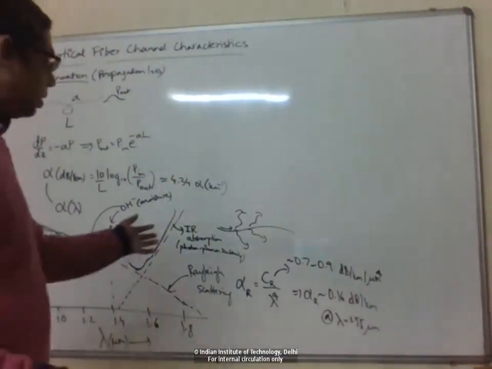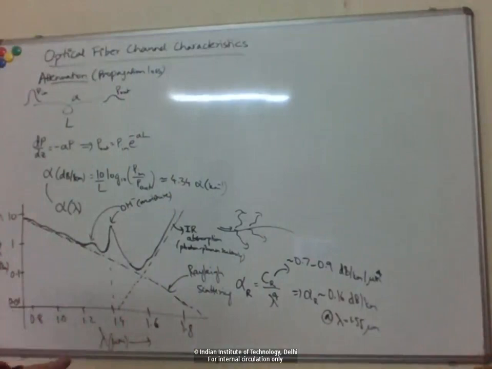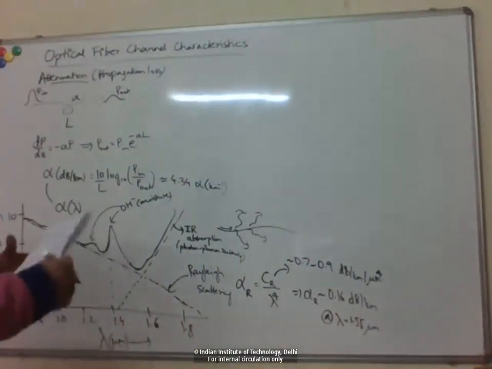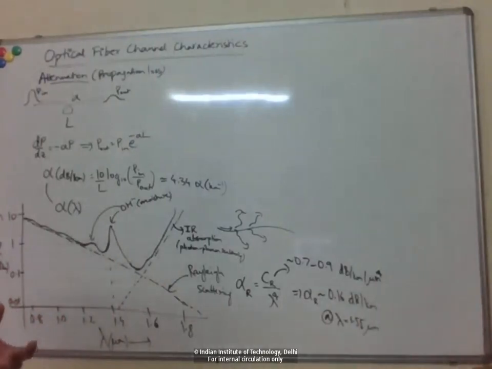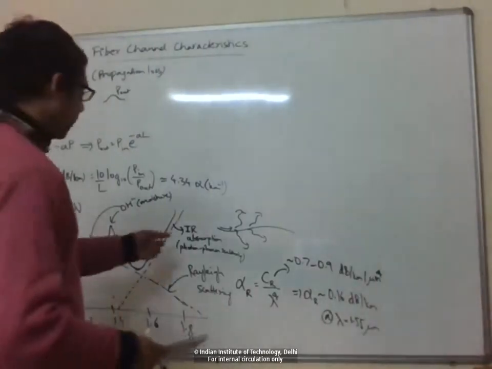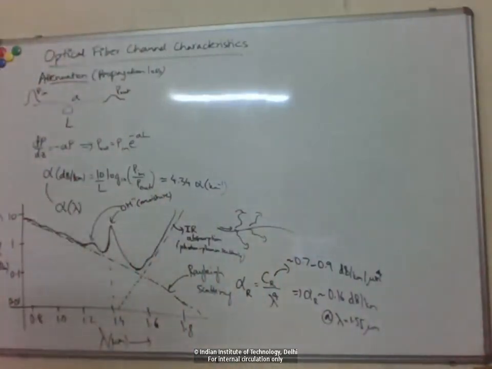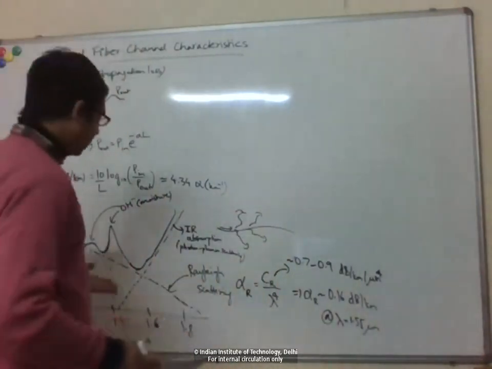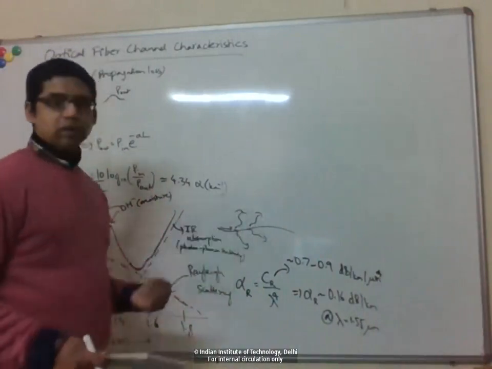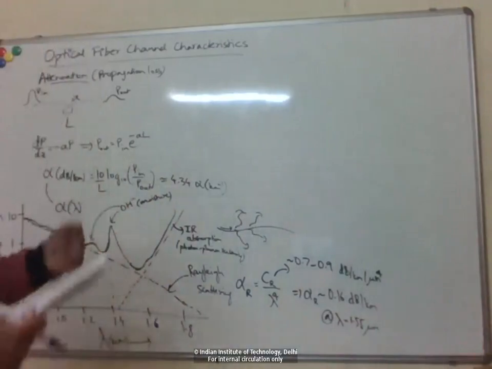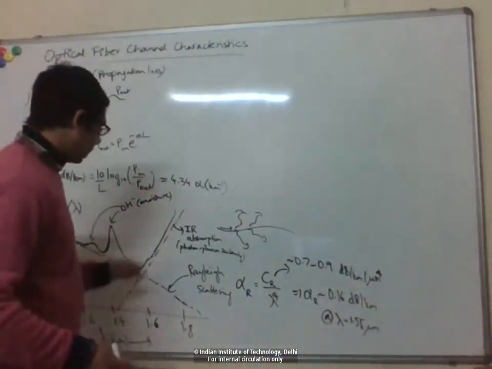And they are vibrating at any temperature because of the thermal energy. So there are phonons present in the medium, right? And these phonons can couple to the photons propagating in the medium. What can happen is that the medium can absorb photons and transfer that energy into phonons, which leads to this infrared absorption.